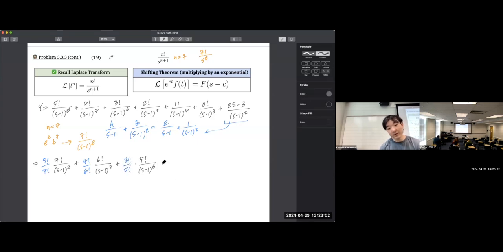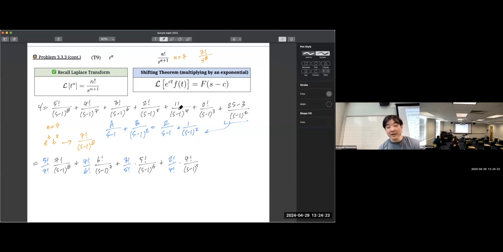And then this entry looks like n is equal to 4. And so this is the extra factor. All of these terms are the exact same. So this 5 factorial over s minus 1 to the 8th will be equal to this because the 7 factorials will cancel each other.